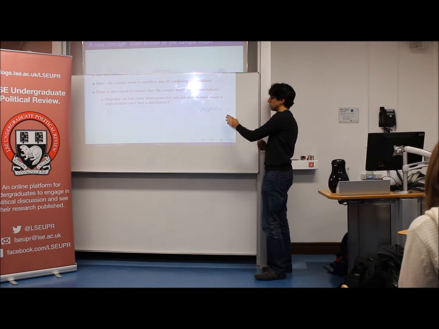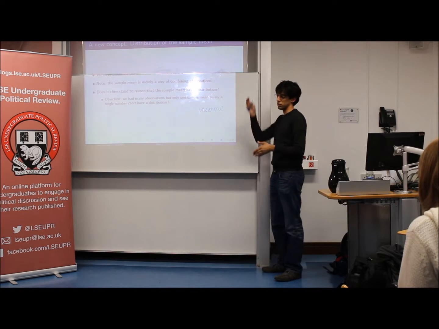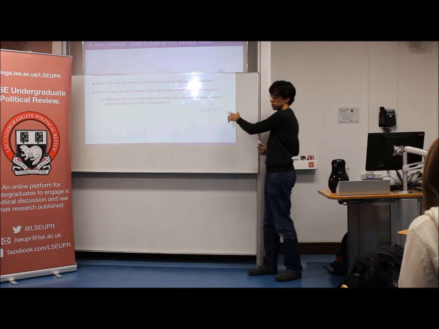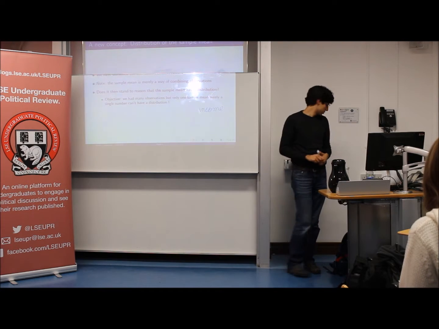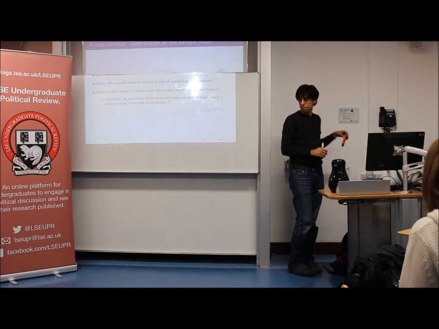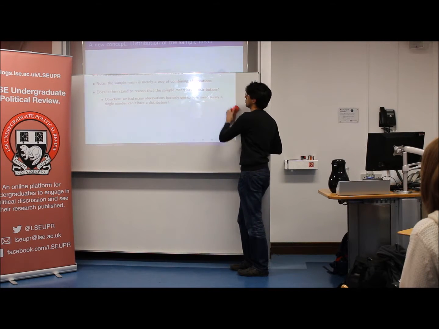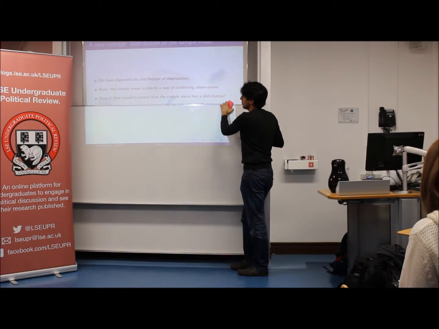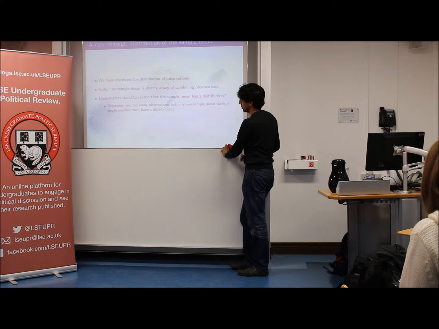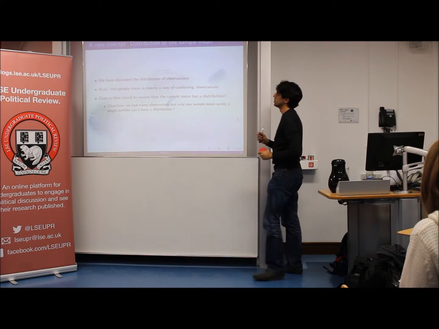But in most cases that you'll come across, it's not a panel, and you just observe them in a cross section, in one time period, and then it's just the number of people you have. I think that's why I got confused, because of panels.